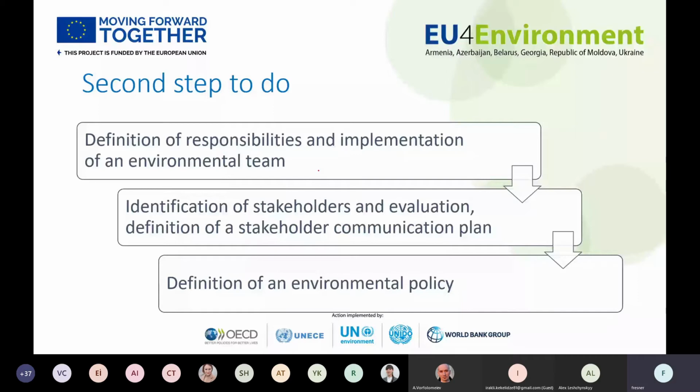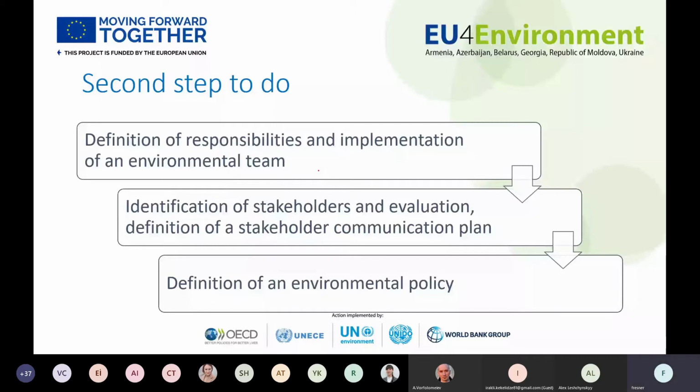Then to identify stakeholders, assess the interrelations with stakeholders, considering, of course, environmental aspects in the first place, and defining the strategy for how we want to communicate with stakeholders.